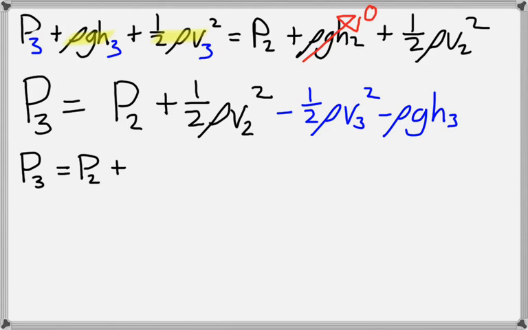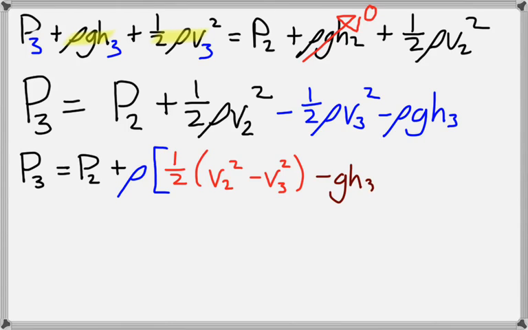So to make your substitution a little bit simpler, you might just go ahead and factor out that rho. And then notice there's a 1/2 in the first two terms. You might factor out the 1/2. And then at the end of all this is the minus GH3 thing.